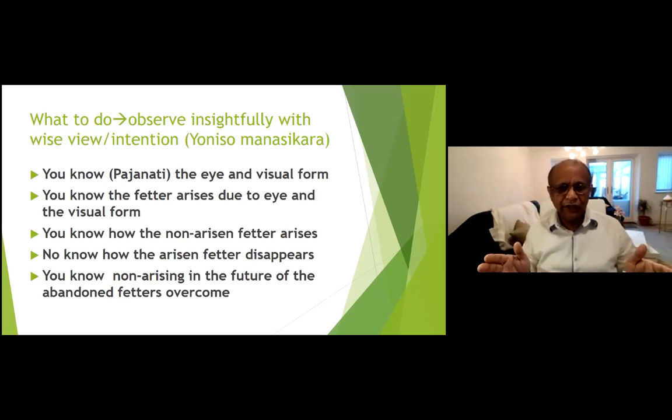Then the fetter arises due to the eye and the visual form. So the problem is again not the object you have in your mind, the created object, but the fetter, which means the attachment. Therefore we need to try to break the rope.